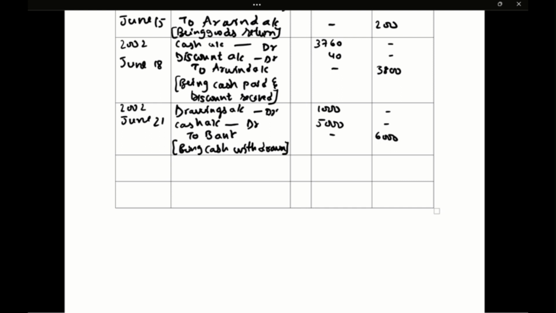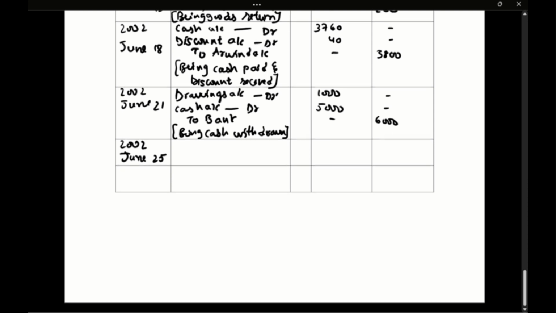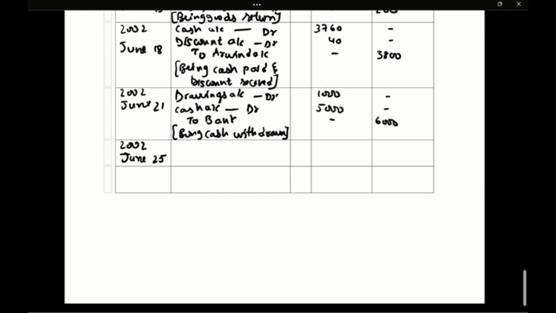So next entry is paid telephone rent for 1 year. So here we are paying rent. So the date is 25th June. The entry will be telephone rent account debtor to cash account. Amount is 400.